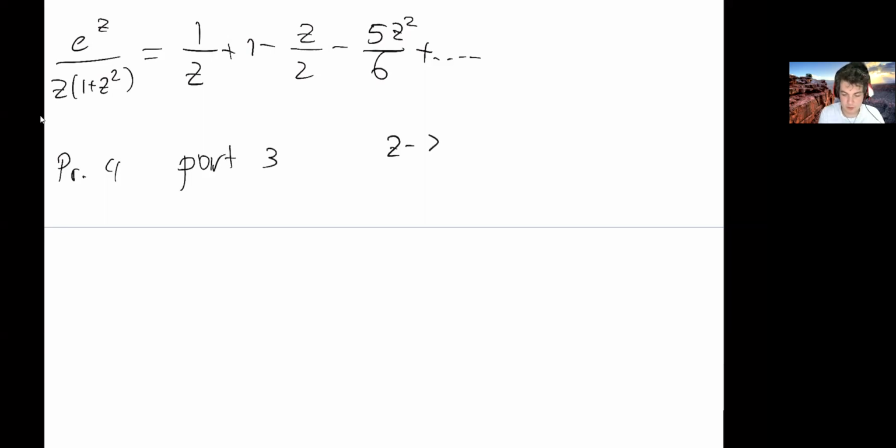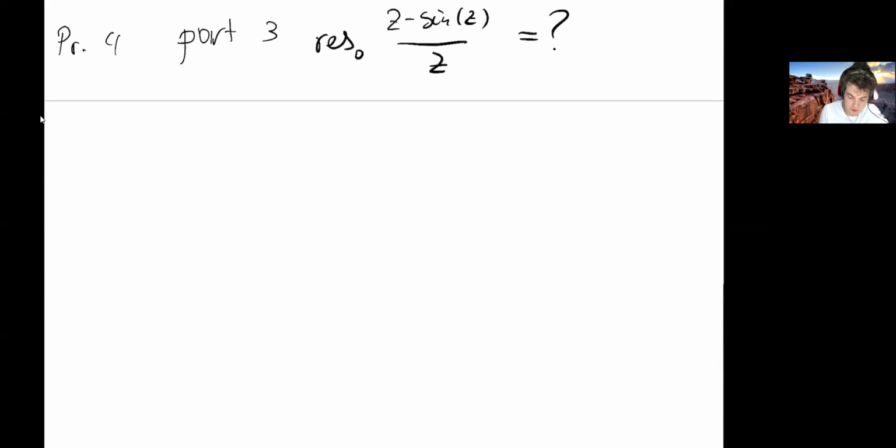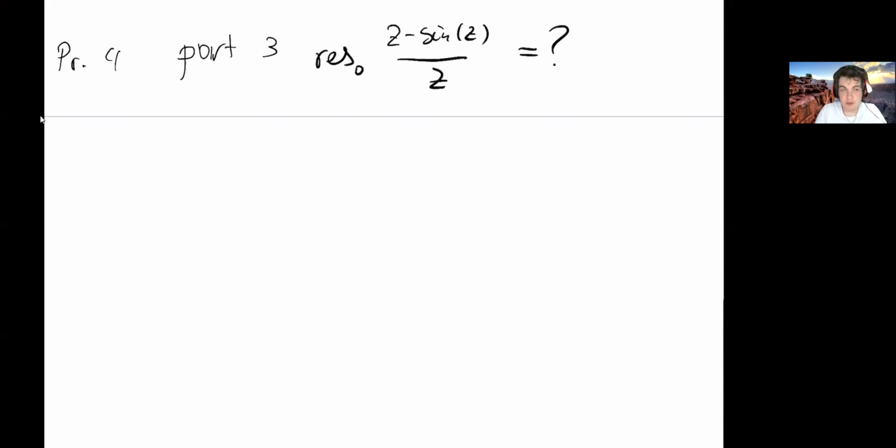So it asked for the residue of z minus sine of z divided by z. So let's do this. I want to do this because there will be this funny cancellation. So sine of z, and we know, by the way, that without the z, this function doesn't have a residue.